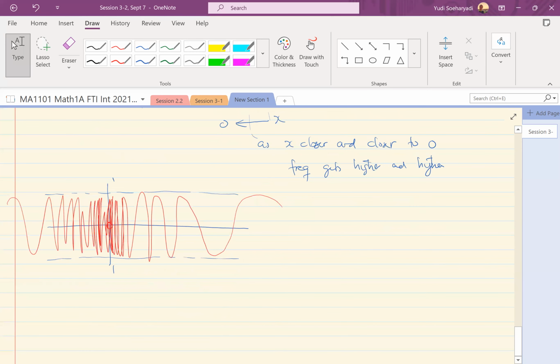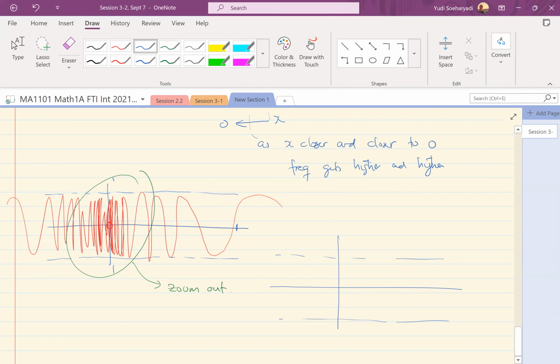And you try to resolve this by, let's do some zooming out, sorry. Let's do some zoom out. Okay, that means you bring your microscopes and try to get the picture. For example, this is still 10, for example.